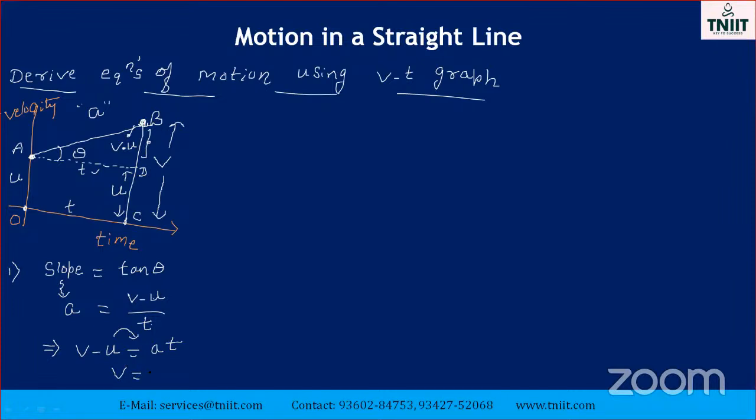So V is equal to U plus AT. So what is the equation of the motion? V is equal to U plus AT. V represents final velocity, U represents initial velocity, A represents acceleration, T represents the time.